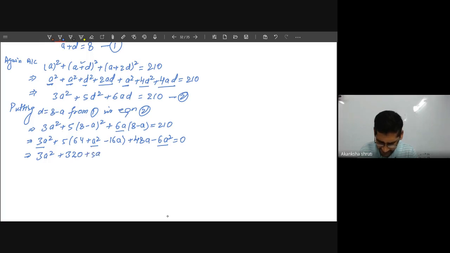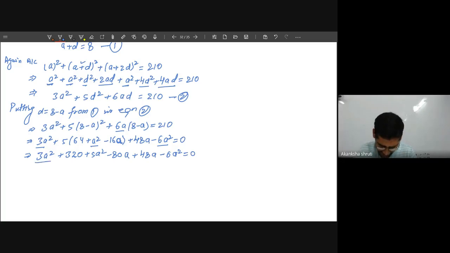Plus 5a square. This 5 is also for this one. 16 fives are 80. And this is our a. Okay? So this will be our a. Students, after this, there is 48a minus 6a square equals 210.